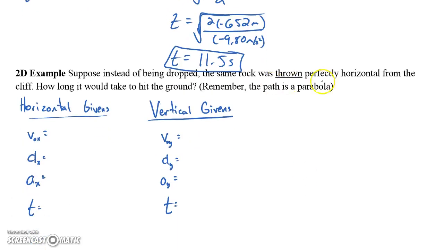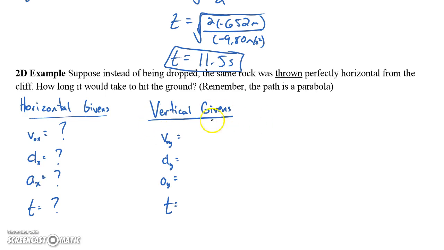We know it's thrown perfectly horizontally, so it has some initial v in the x direction. Don't know what it is, we just know it has it. We don't know how far away from the cliff it goes. We don't know anything about acceleration in the horizontal direction. And we're looking for time.